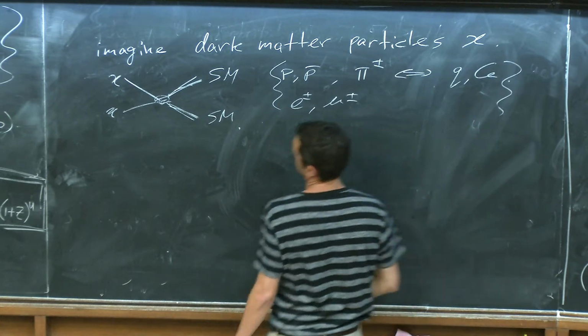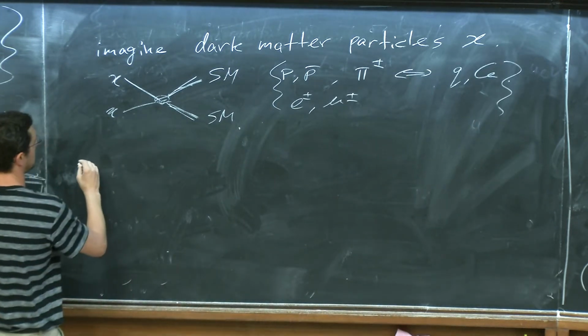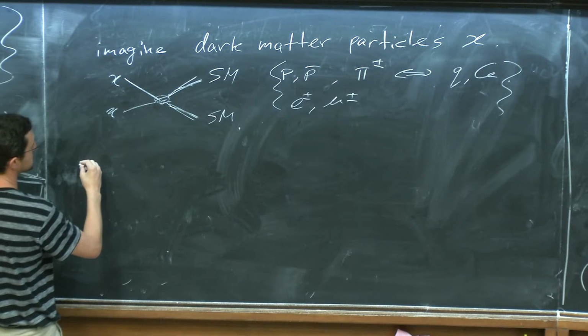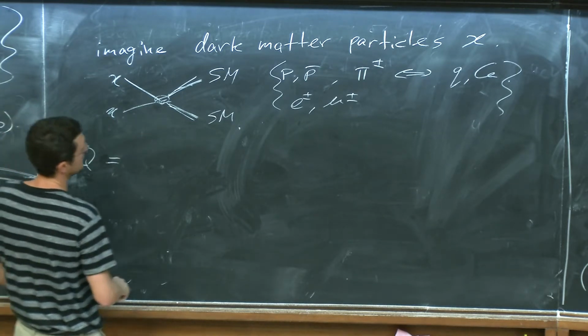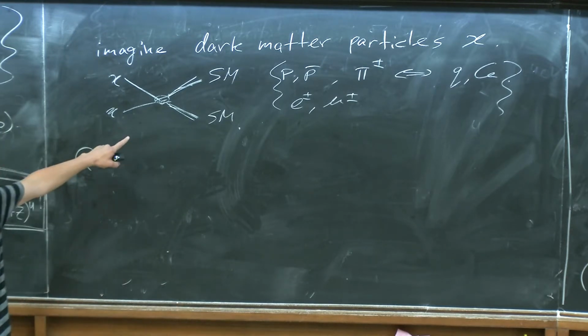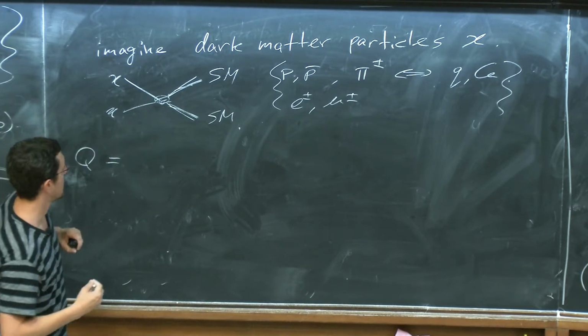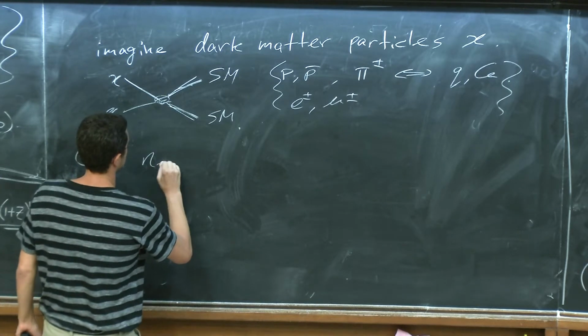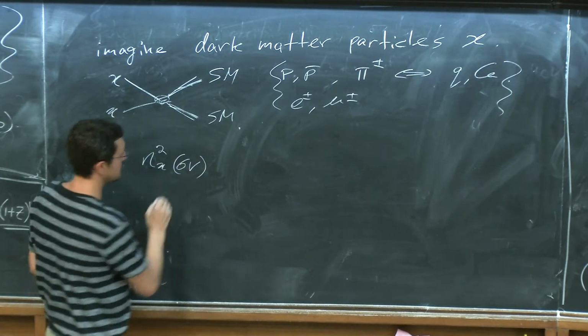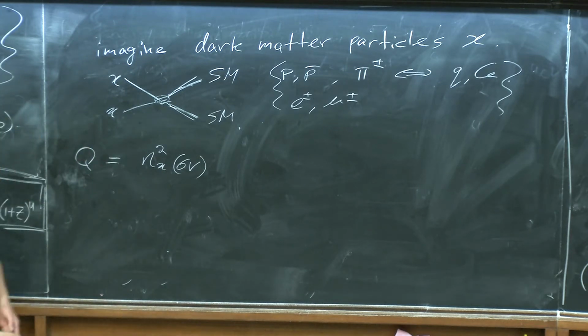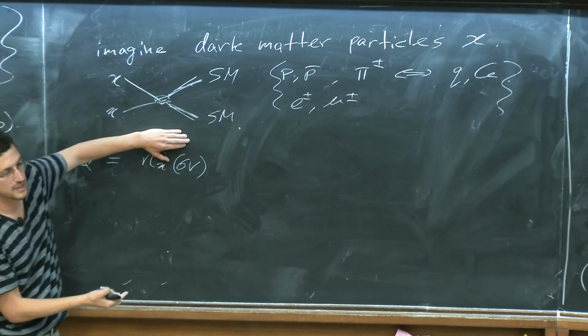Now, the rate per unit volume at which these collisions are happening, I'll define this quantity shortly, is the dark matter density squared times this velocity-weighted annihilation cross-section. So just n sigma v is what we looked at before.